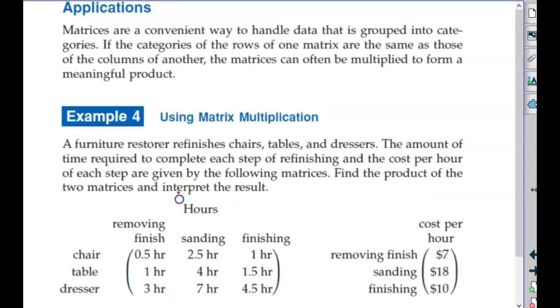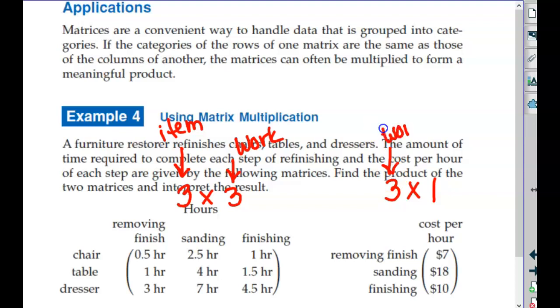Again, this was a 3 by 3, right? And this one was a 3 by 1, where this 3, this number of rows was the item, and then this is what we did to it, the work, okay? And this 3 was the work and the cost.